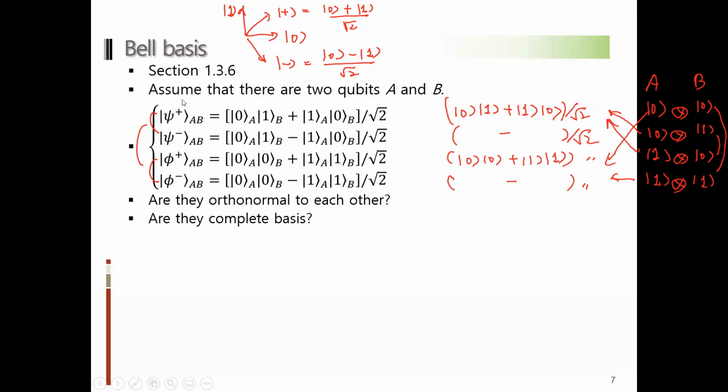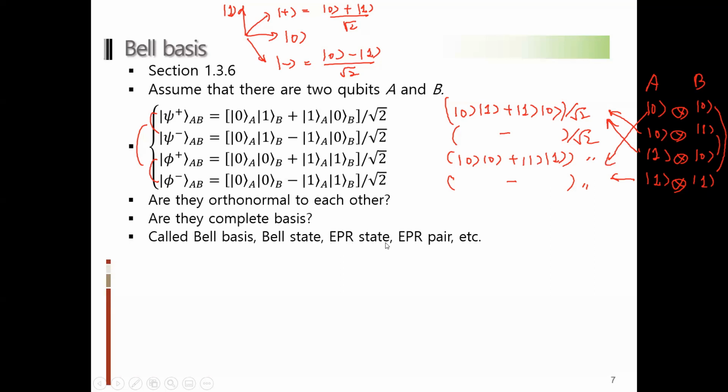This basis has a special name. Sometimes it is called Bell basis, or Bell state, and sometimes it is called EPR state or EPR pair. There are many names for this same basis. The name EPR came from three physicists named Einstein, Podolsky, and Rosen.